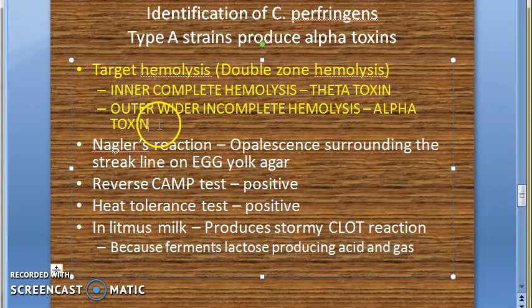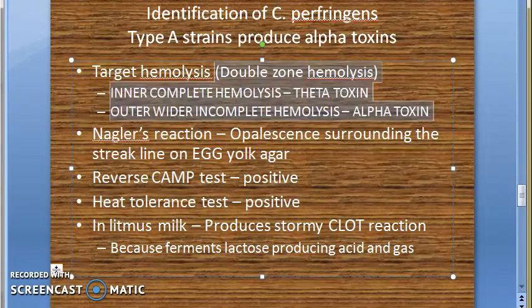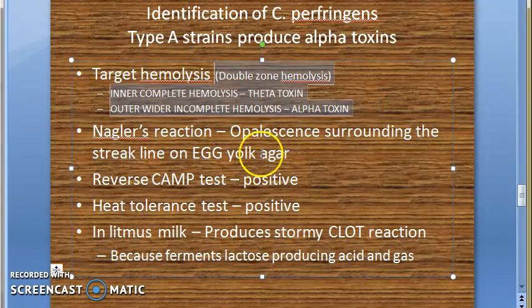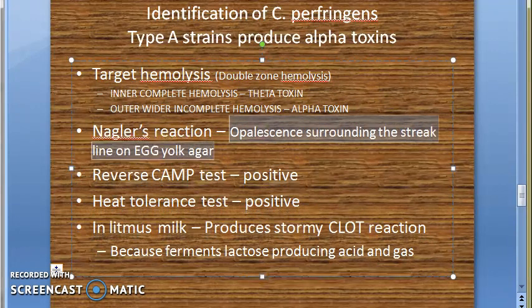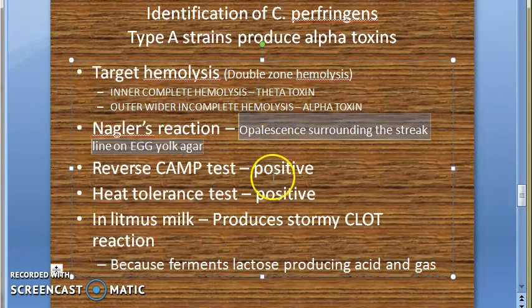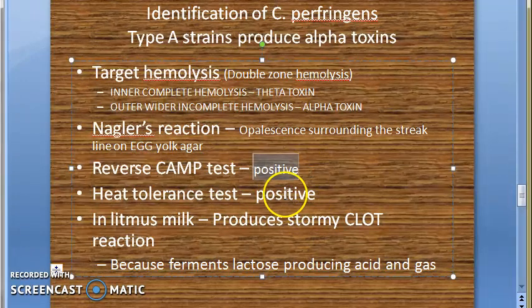Okay, so let us see what and all we have covered in this video. In this video, we covered target hemolysis. So there will be double zone hemolysis. We have shown you that. Nagler's reaction, we showed you opalescence surrounding the streak line on egg yolk agar. Reverse CAMP test, that arrow thing, will be positive.